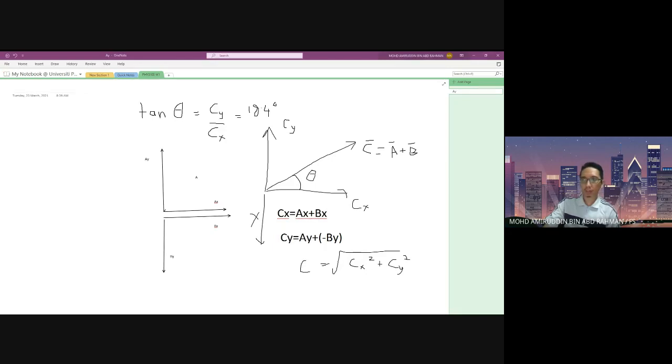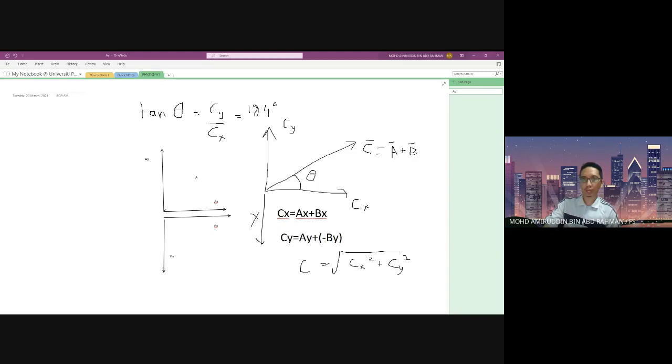Your CX will be negative. For the Y component, CY is equal to minus 1.645 minus 2.43.